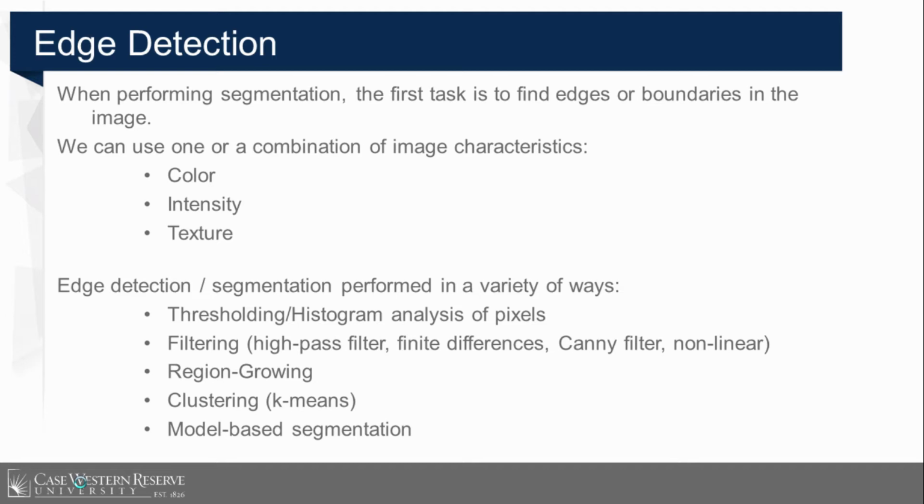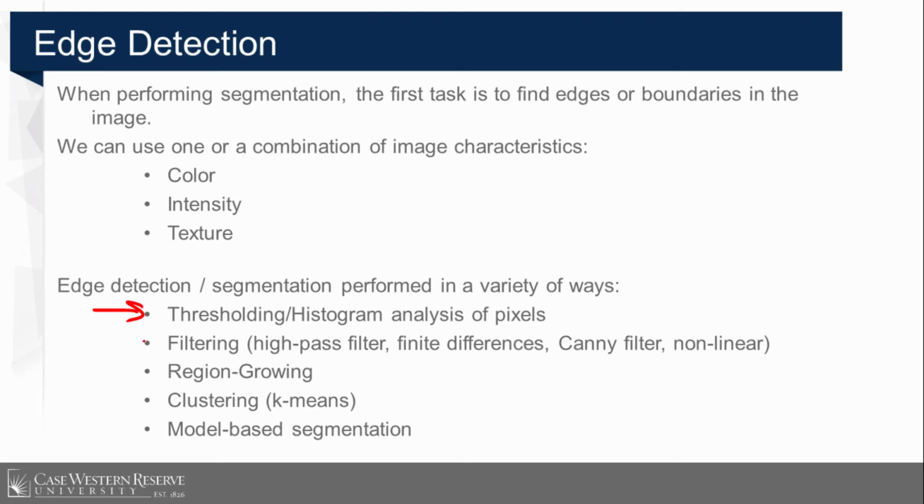So once we know what kind of characteristics we want to use to find these edges, we can perform our edge detection or segmentation in a variety of ways. So what we're going to focus on is thresholding using a histogram analysis of pixel values. So this is what we'll be looking at for most of the rest of the talk. We can also use specific filters like high pass filters or finite difference filters or special Canny or nonlinear filters in order to find specifically the edges in an image.